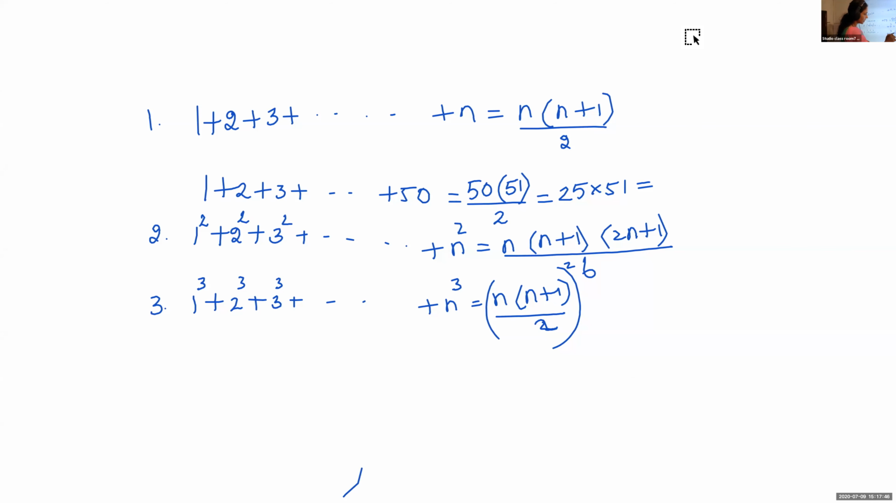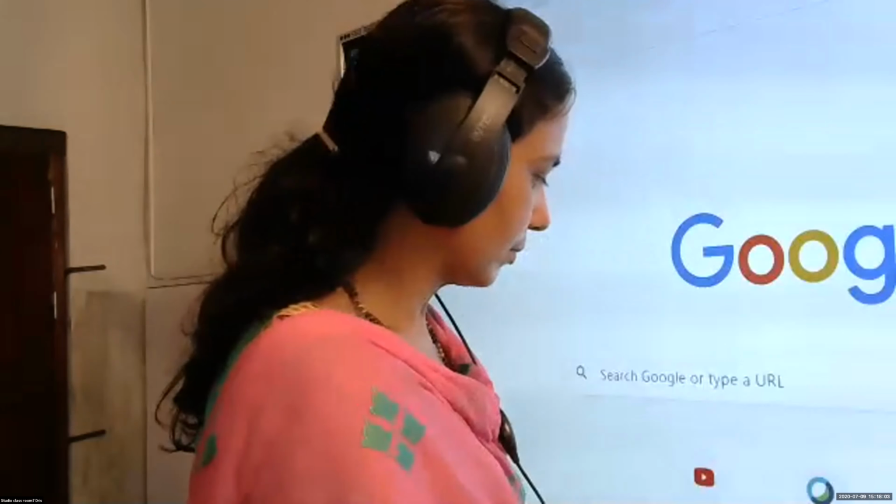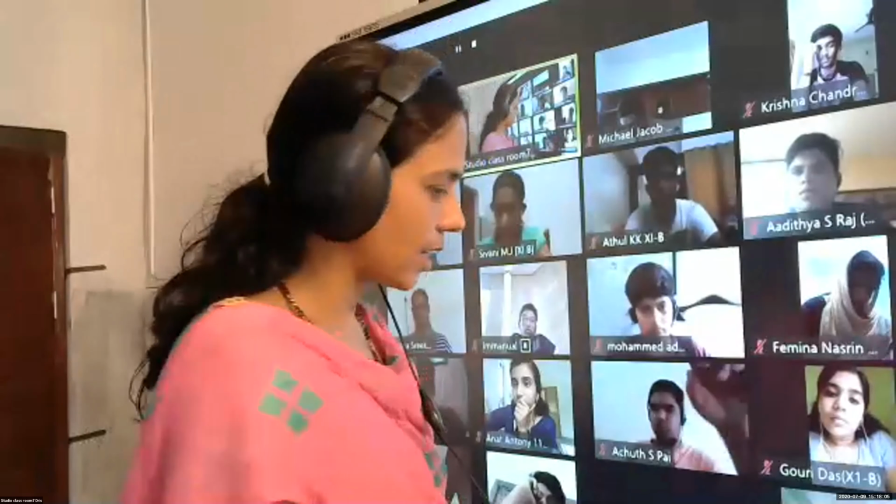What is this n into n plus 1 by 2? It is the same as the sum of first n natural numbers.